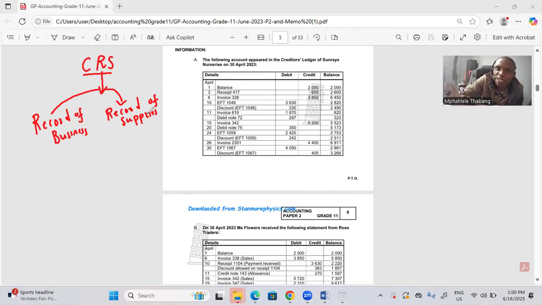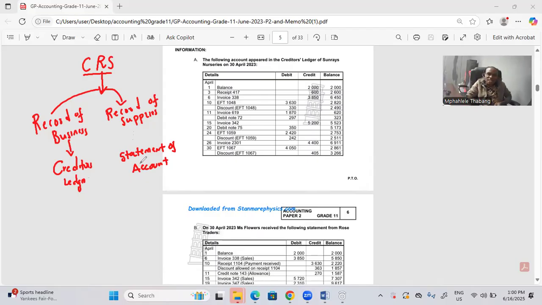The records of the business, in this case, I'm referring to the creditors ledger. So we're going to compare the creditors ledger with the statement of account.